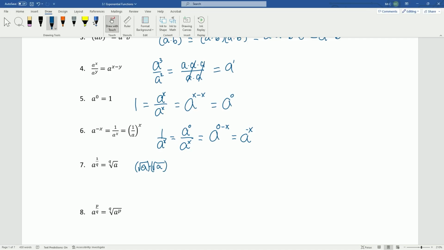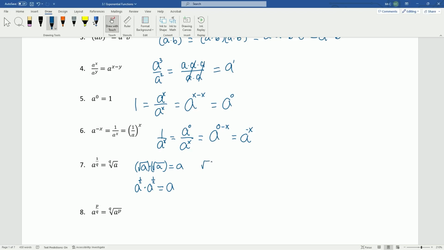So by definition, if I multiply the square root of a times the square root of a, I get a. Now, what about a to the 1/2 power? Well, if I take a to the 1/2 power times a to the 1/2 power, 1/2 plus 1/2 is a to the 1st power. So, those are the same thing.